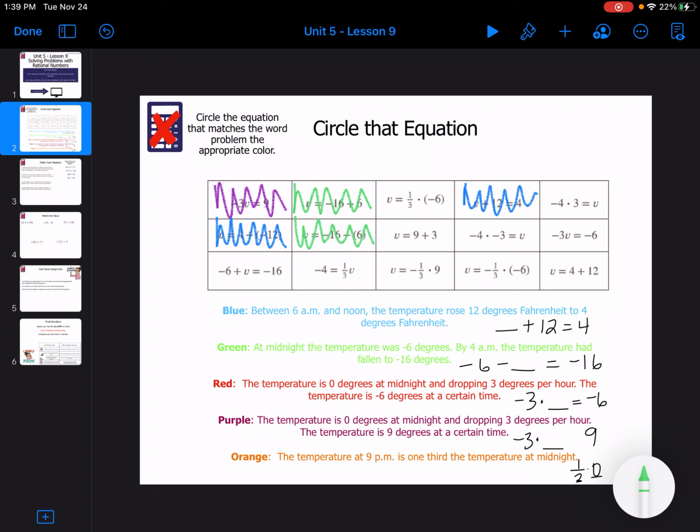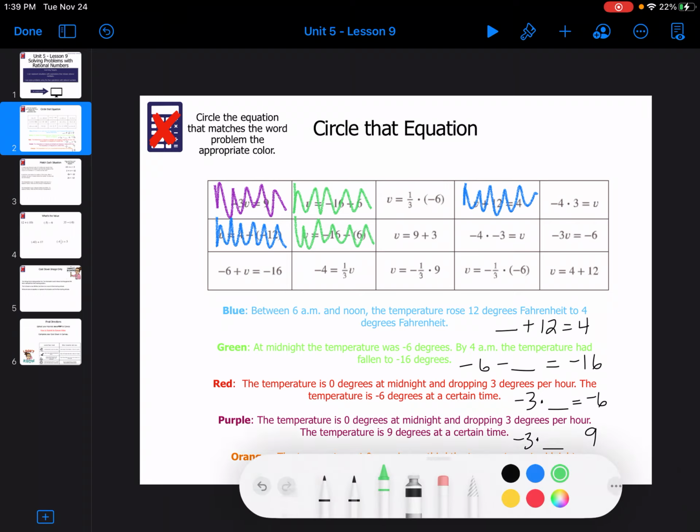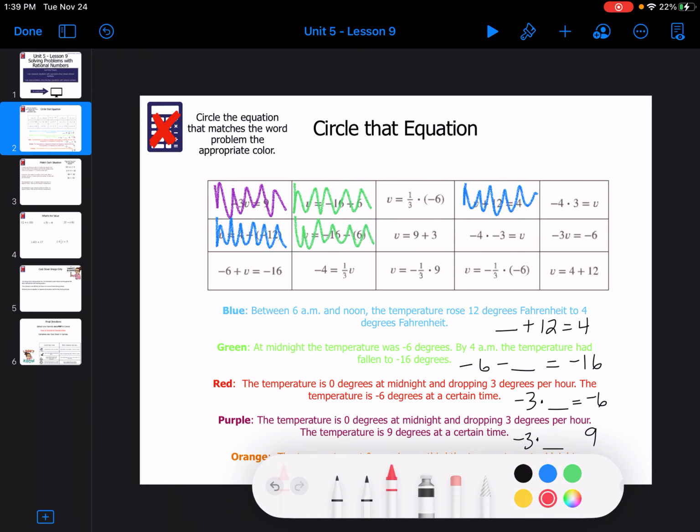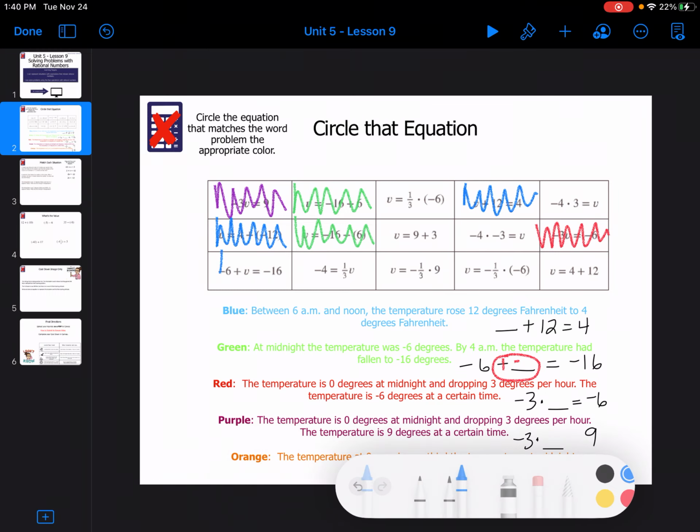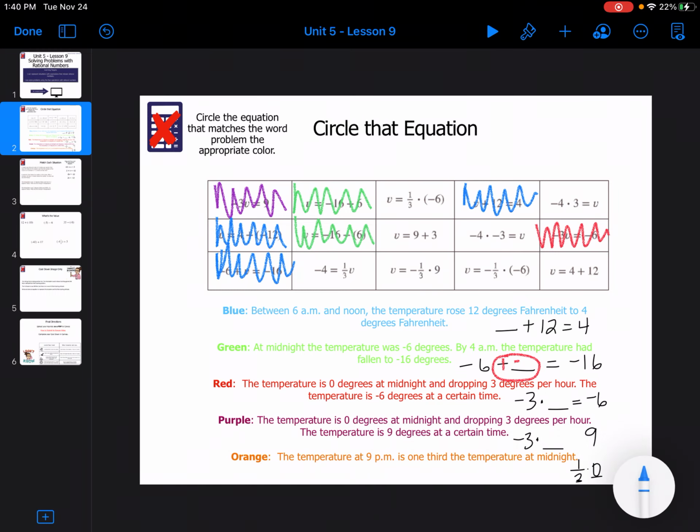-3 times something equals -6. Ah, we know that one. That one's going to be red. Okay, so -6 plus something is going to equal, well, yeah, that would work because it would be a green one, because if I change that to a plus and make this the negative part, that would work. Okay, -4 times 1/3, not sure. And I got another 1/3.